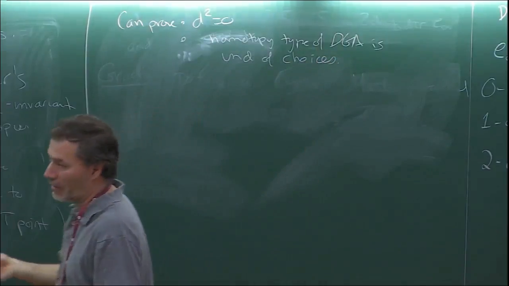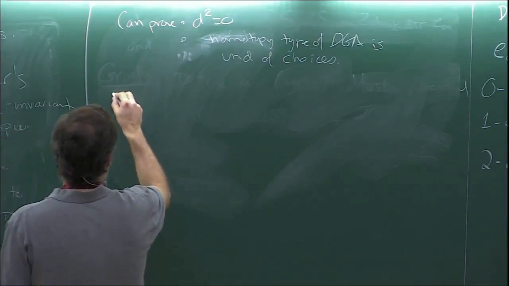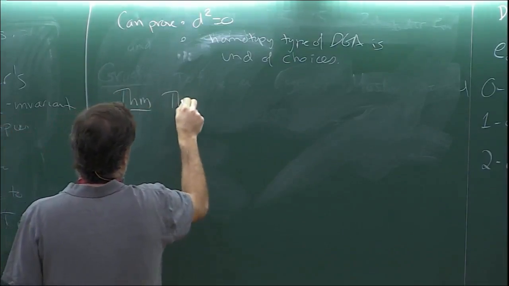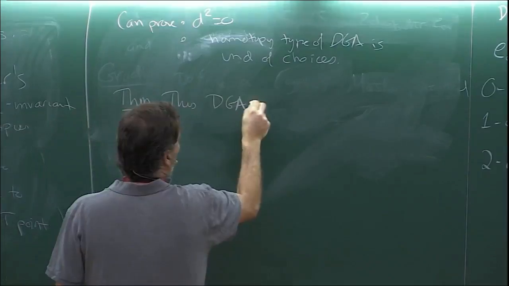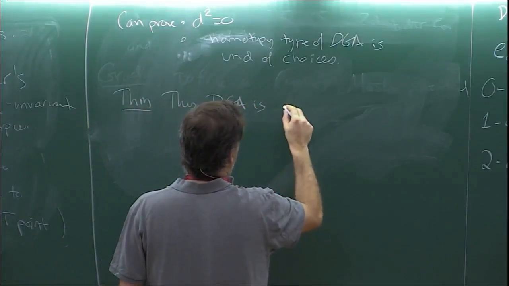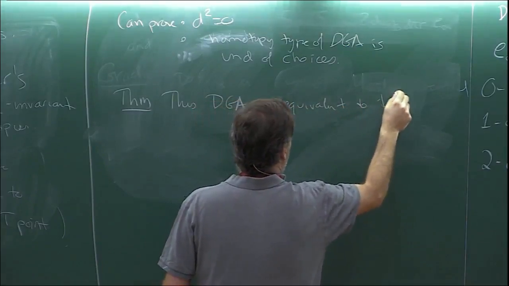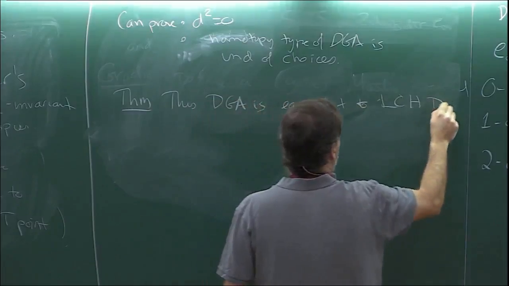So for example, the polygonal decomposition, the ordering of the zero cells, the choice of the initial and terminal cell over there, the ordering of the sheets in case some of the sheets crossed. There were various choices along the way. But then the main theorem is that this DGA is stable tame isomorphic, equivalent, to the Legendrian contact homology DGA.